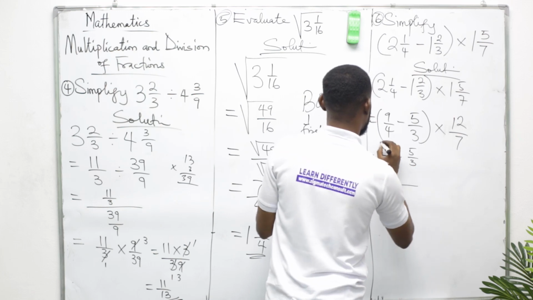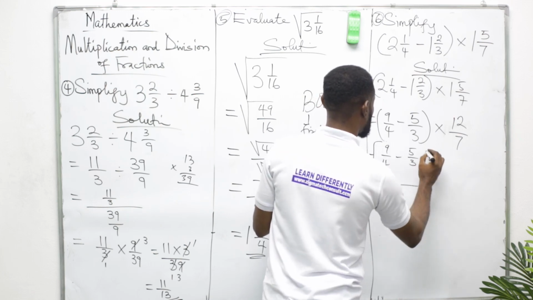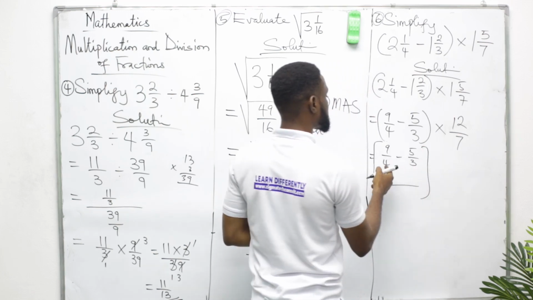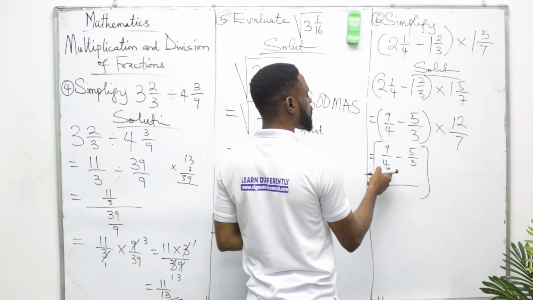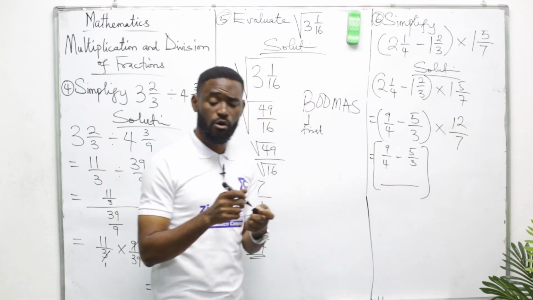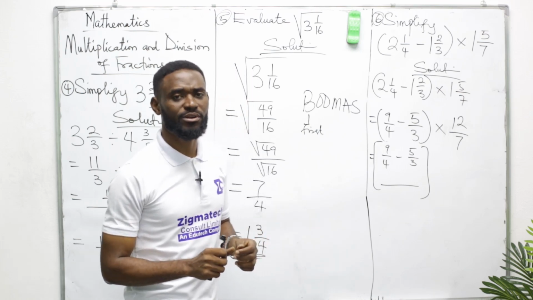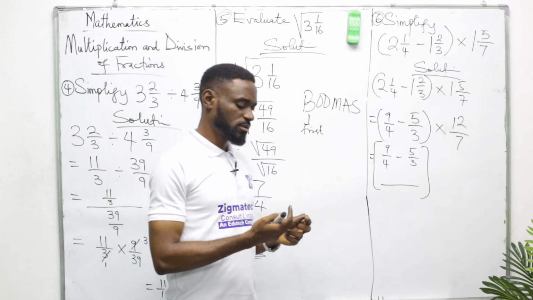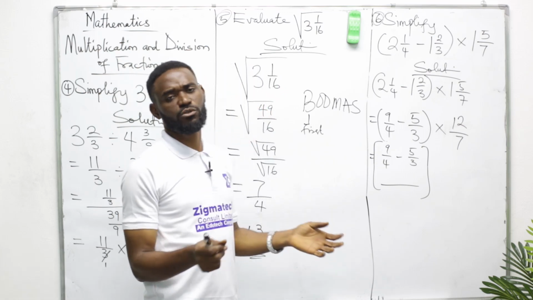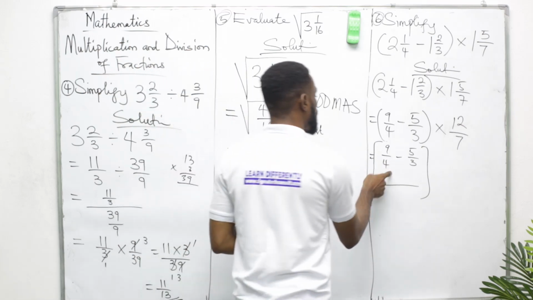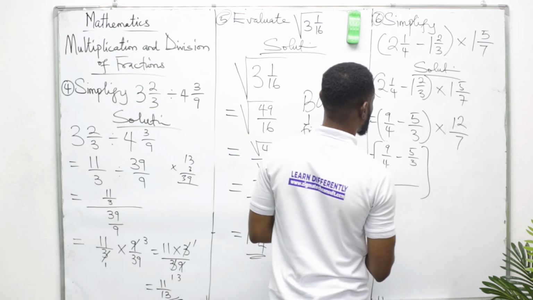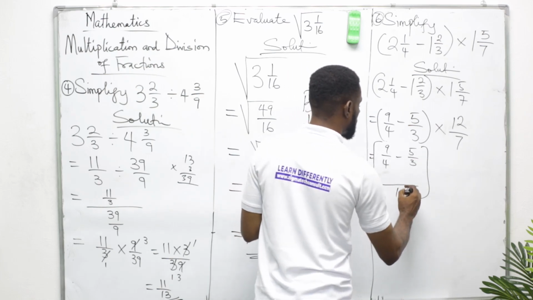We look for the LCM of the denominators, the LCM of 4 and 3. I've told you before, the LCM of two numbers that have nothing in common is the multiplication of those two numbers. So 4 times 3, the LCM is 12.